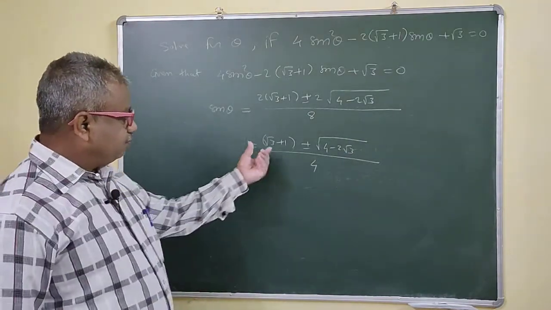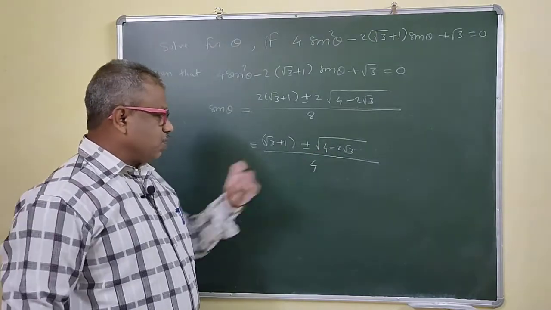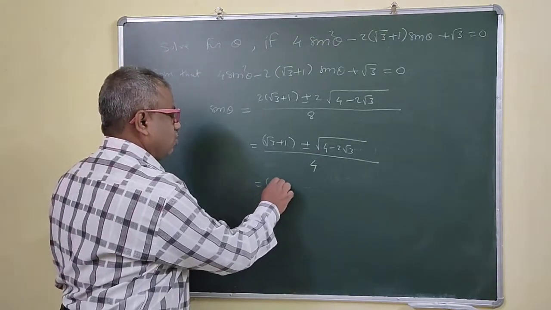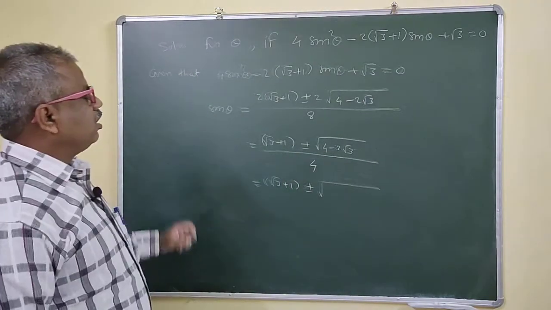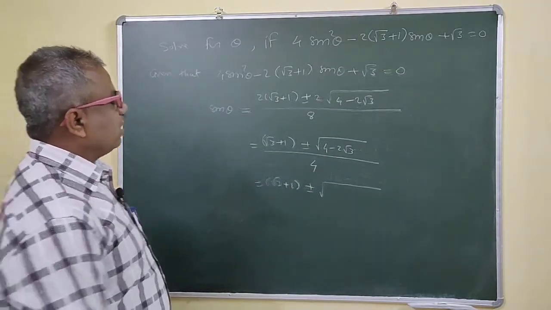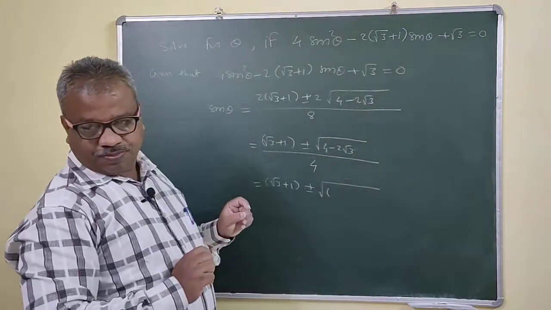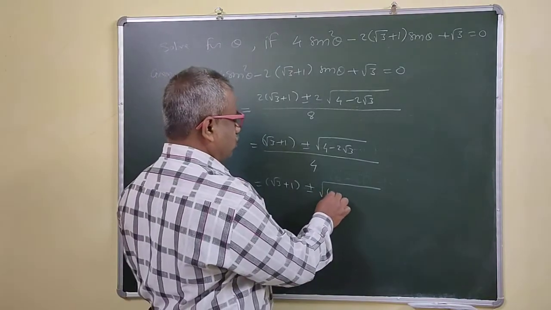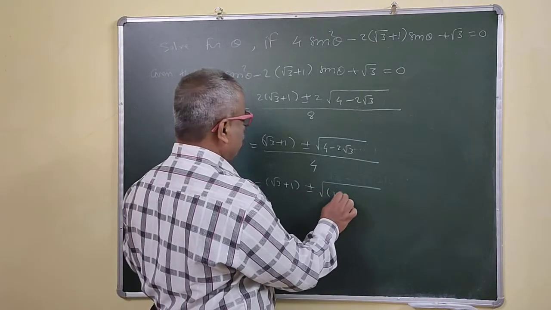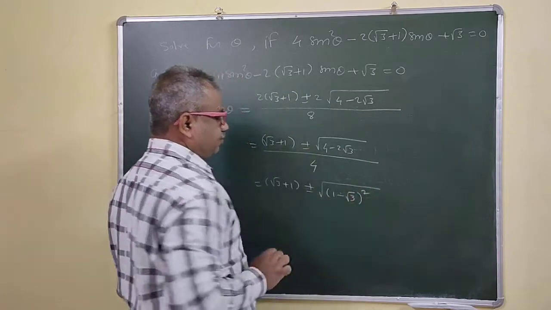So again this is not simplified well, so we'll apply this. This is root 3 plus 1 plus or minus, how can we write this in terms of a square now? See, it is a square, so 4 means 2. Is it 1 plus root 3 square, 1 minus root 3? Yes, so we'll write this as 1 minus root 3 square.